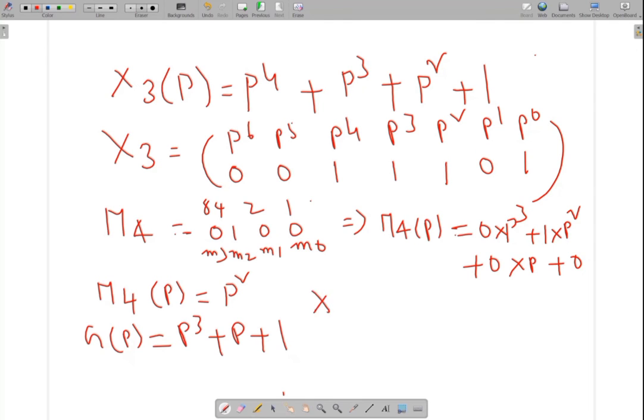We know that x4 of p is equal to m4 of p into g of p.